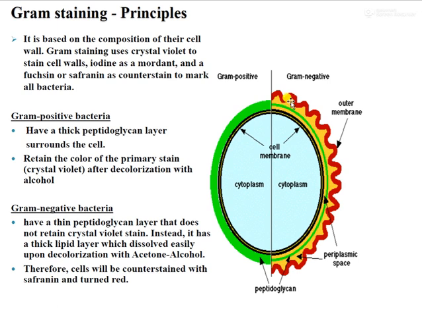But in the case of gram negative bacteria, they have a lesser amount of peptidoglycan, and in addition to the peptidoglycan layer, it also has an outer membrane.